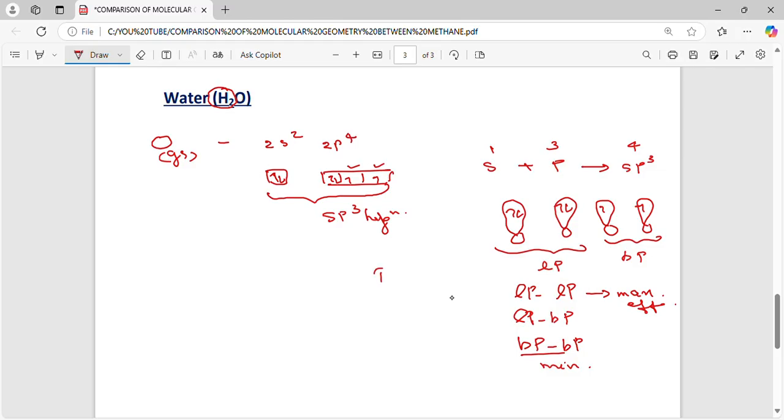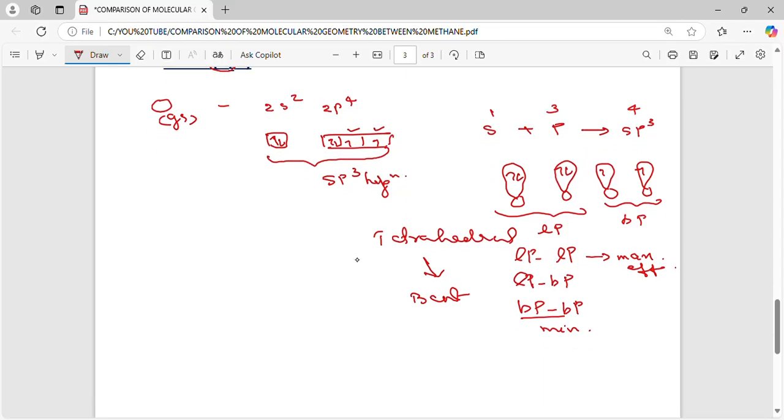So we are expecting it to be a tetrahedral geometry only because of 4 electron pairs, but that geometry will be changing into bent. The geometry will change into bent and the structure will be this: 1, 2, 3 and 4. These two are the lone pairs and these two are the bond pairs.